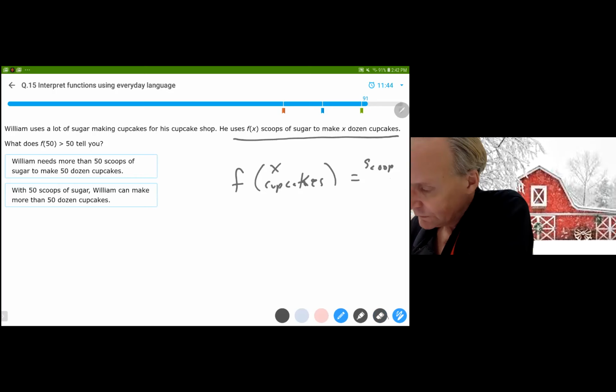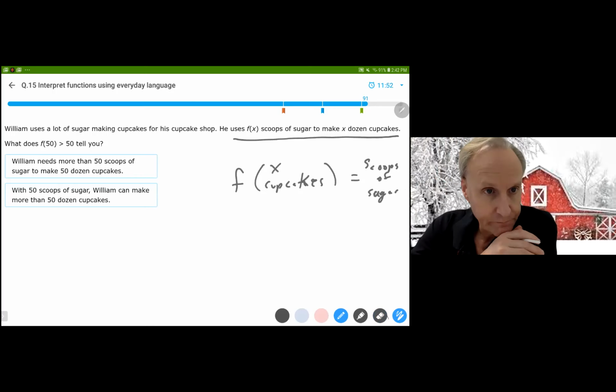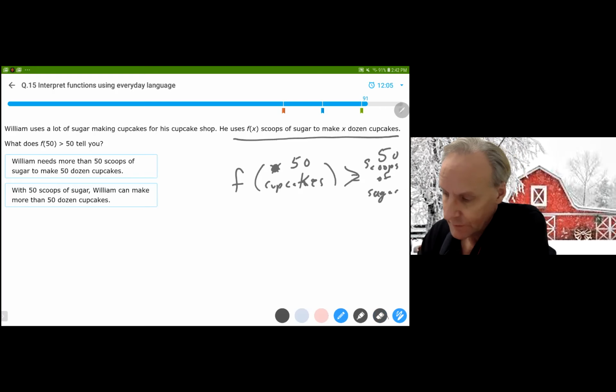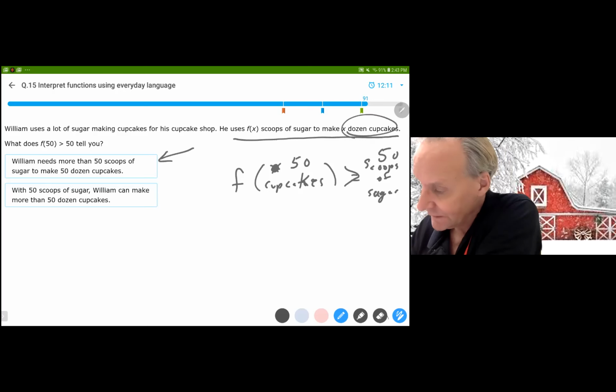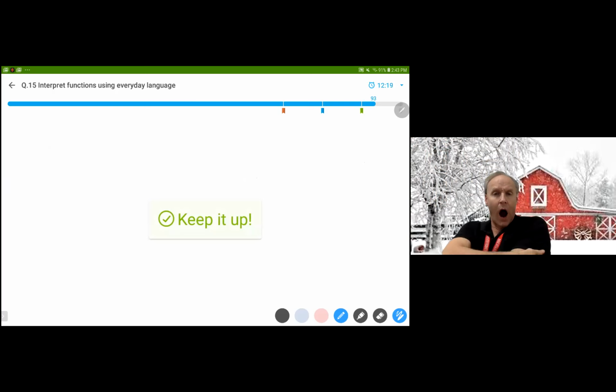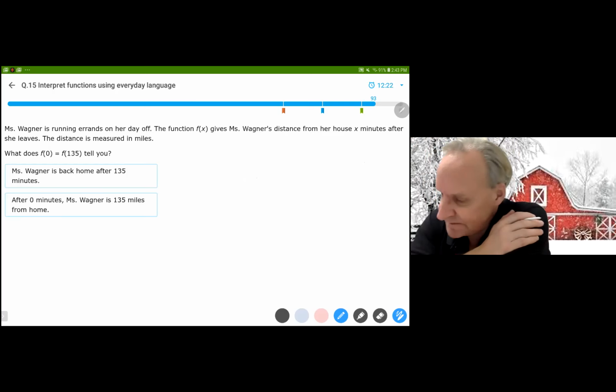It says for 50 cupcakes, it takes more than 50 scoops of sugar. To make X dozen cupcakes. Yep, more than 50 scoops of sugar. Okay.